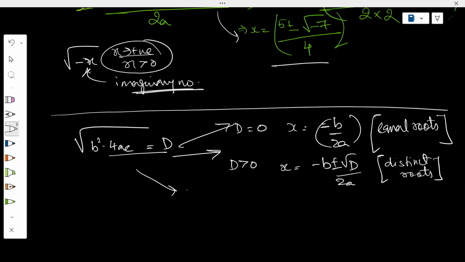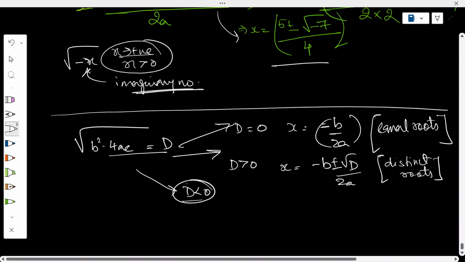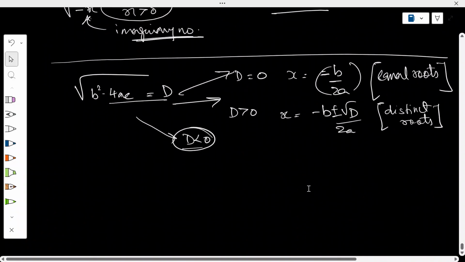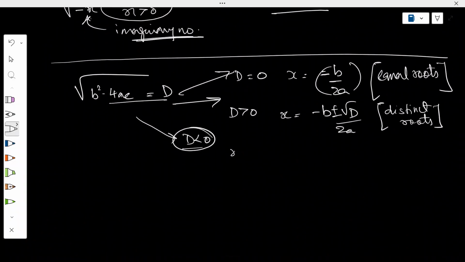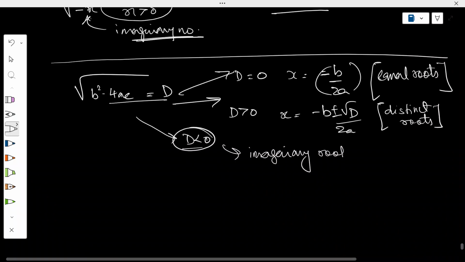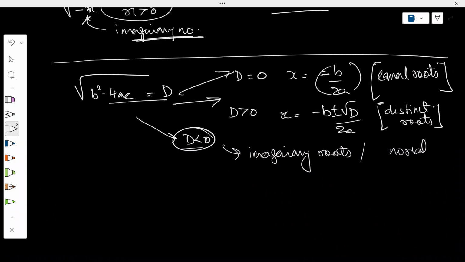And the other case is when D is less than 0, as in the case just discussed above. So here we can see that there are imaginary roots, or we can say no real roots.